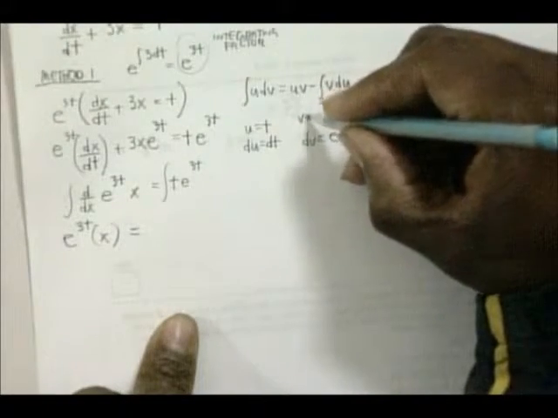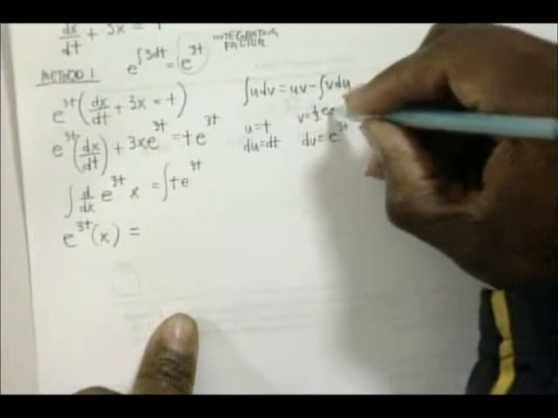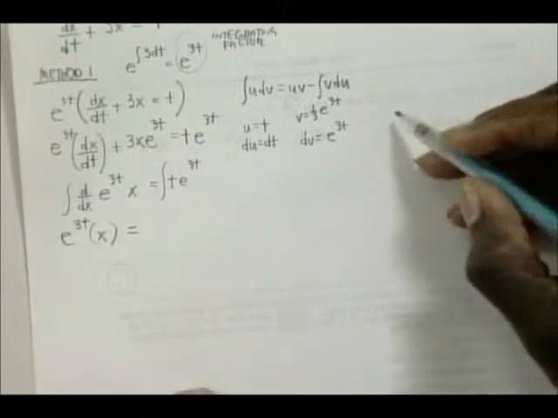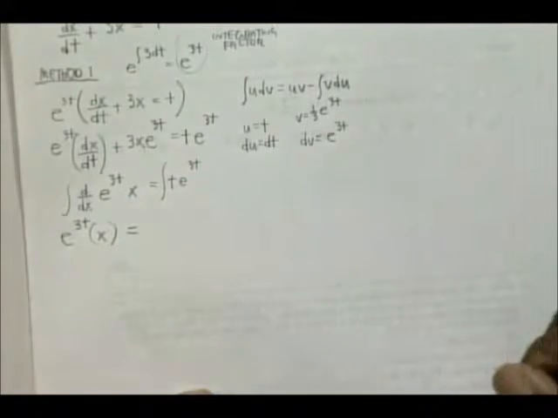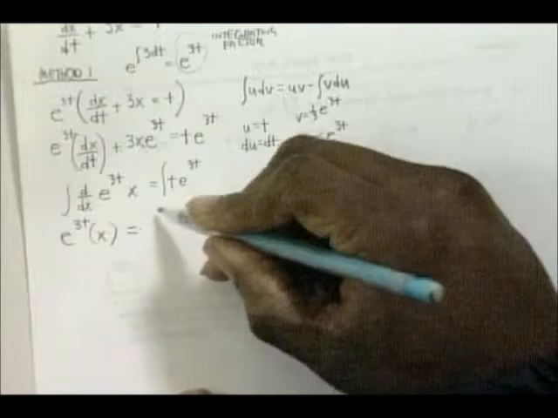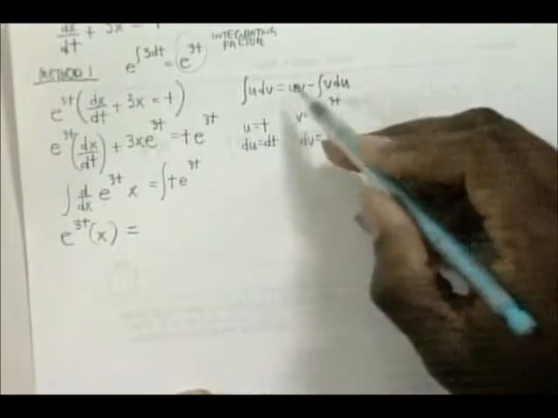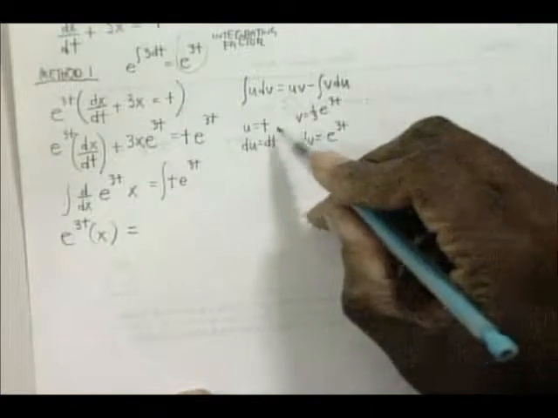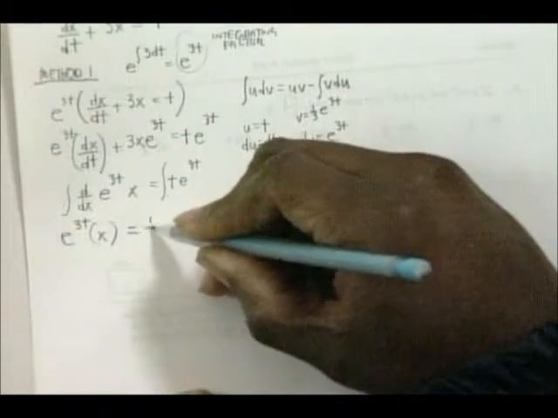And v is 1/3 e to the 3t. I'm not going to show all the work there. Hopefully I can convince you that that is the case. All right. So now we want to take the antiderivative of this, so we need u times v. That's 1/3 t.